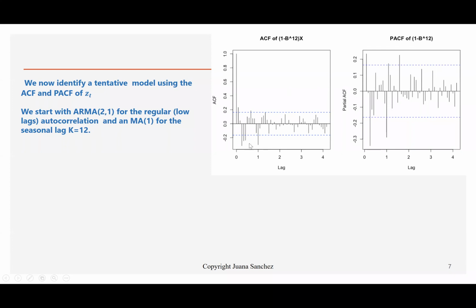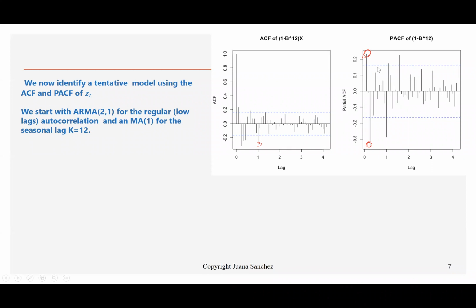Then at the seasonal lag, the autocorrelation is significant. So I have a stationary time series, but still a random seasonal is there. And the PACF has fewer autocorrelations significant at lower lags: the first and the third. So it's not just the first and the second.